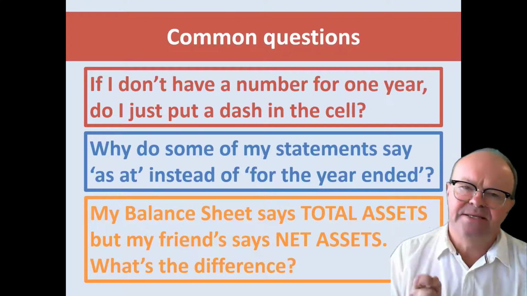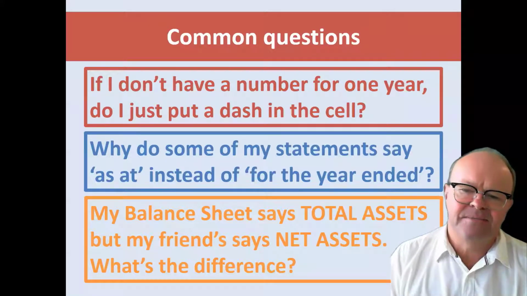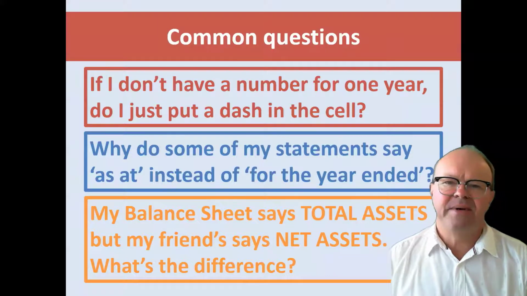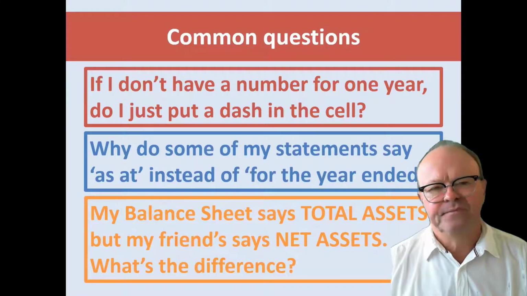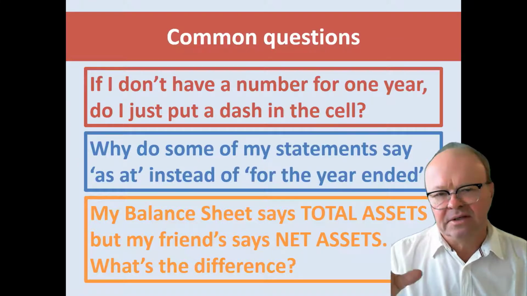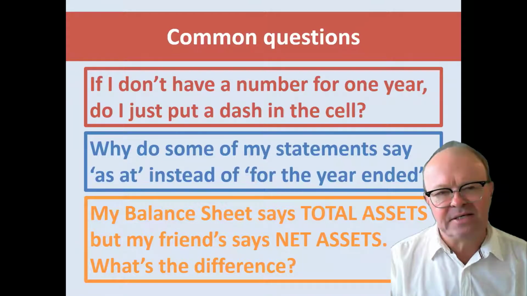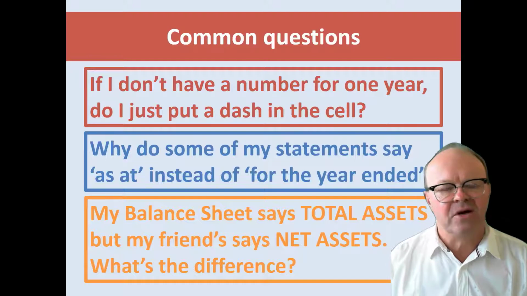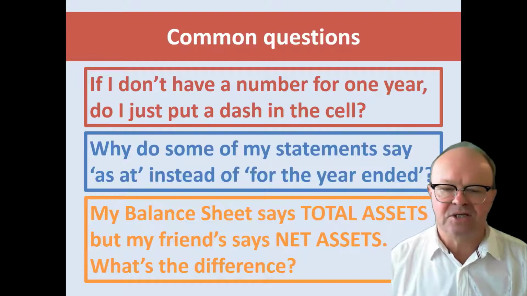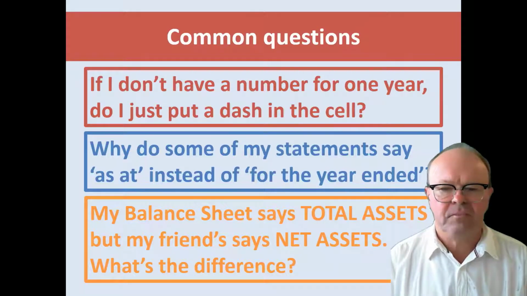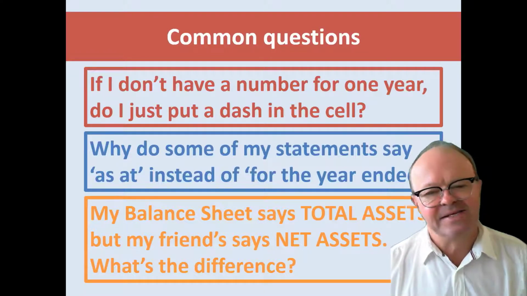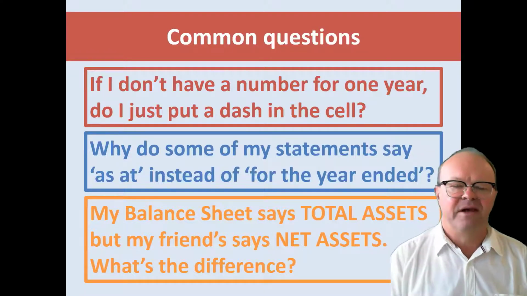Whereas the figures in the statement of changes in equity and the income statement are for the period, for the year end. So revenue and expenses are for a period. And also the statement of change in equity is the changes in equity over that period from opening balance to closing balance, from one balance sheet to the next. So that's why some of the statements, the balance sheet says as at, and the other two say for the year ended.